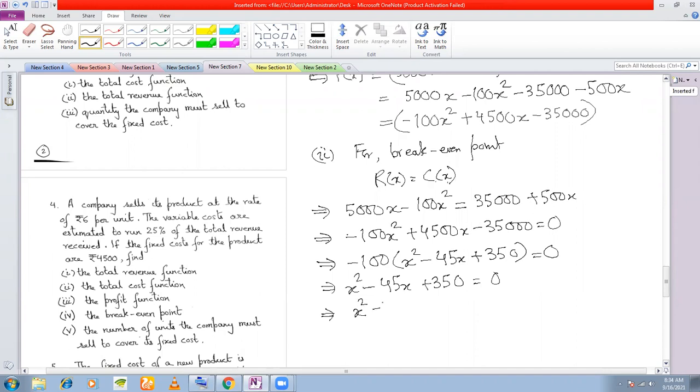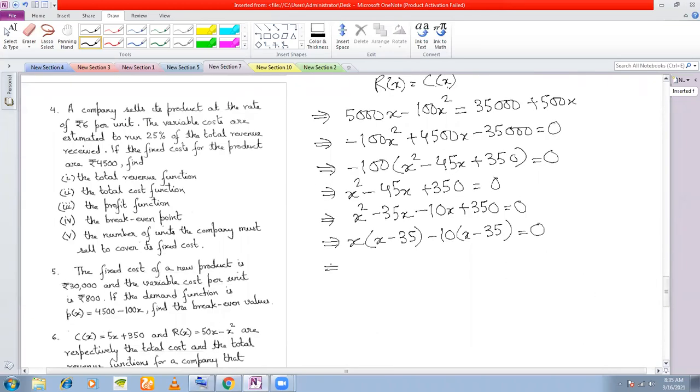Middle term factorization is minus 35 and minus 10. That means now I can take x out to get x minus 35, and here also I get x minus 35 by taking minus 10 out. Therefore, (x minus 10) into (x minus 35) is equal to 0.